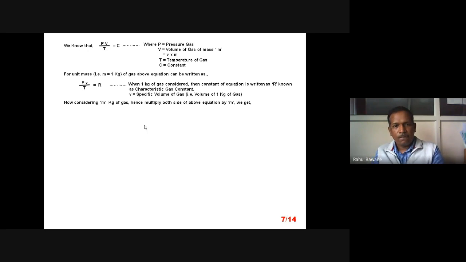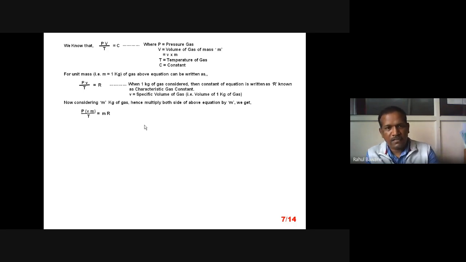Now consider m kg of gas. Till now we were considering per unit mass of gas. Now suppose m kg of gas is there. Hence multiply both sides by m. So we get P times specific volume multiplied by mass of gas divided by temperature.